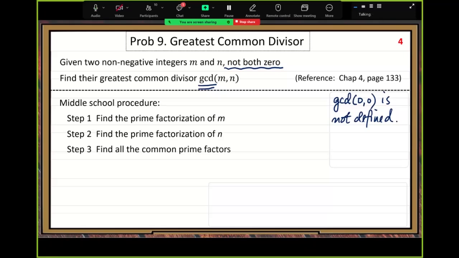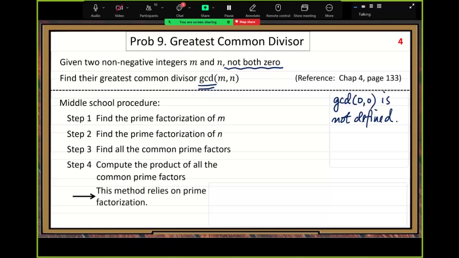After step 1 and 2, you can find all the common prime factors. Step 4, compute the product of all the common prime factors to get the answer. And here you can see this method relies on the prime factorization.